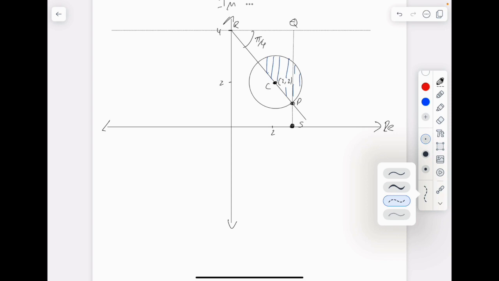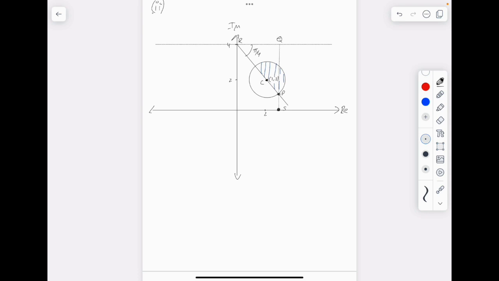So the first thing we need to do is we're going to say the following.